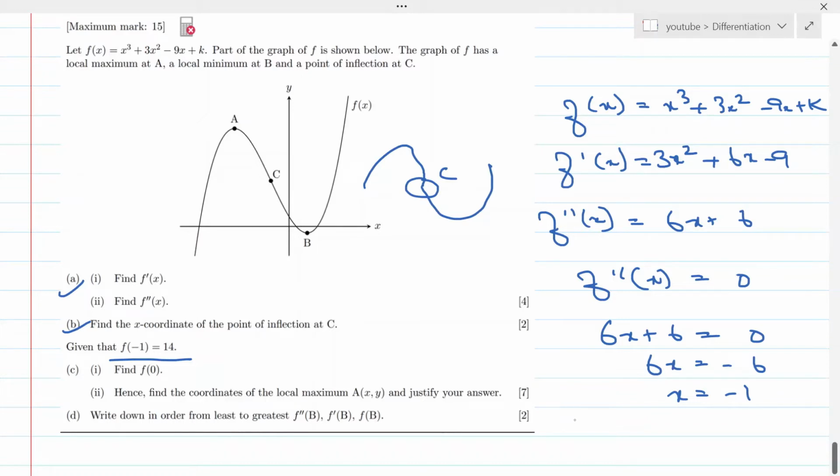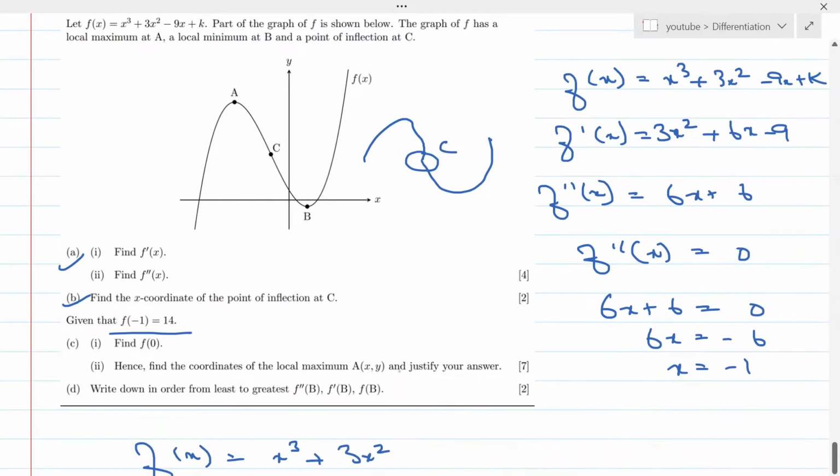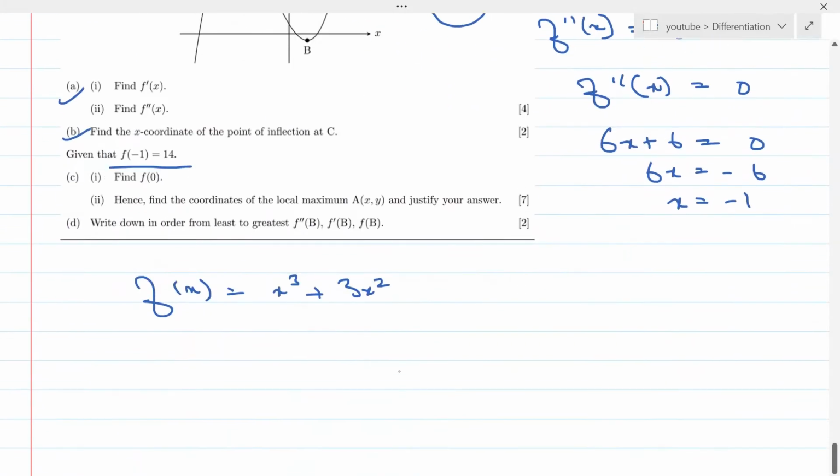So I'm going to substitute x as negative 1 in my function. Our function is f of x is equal to x cube plus 3x square minus 9x plus k.